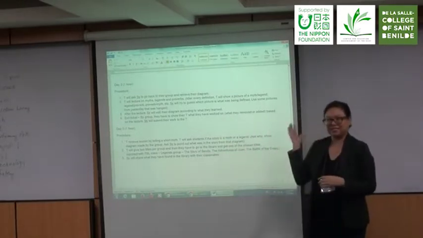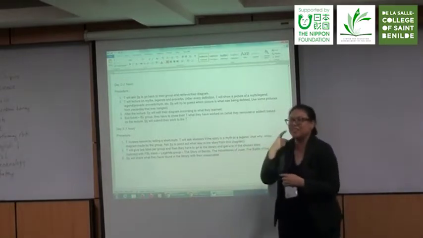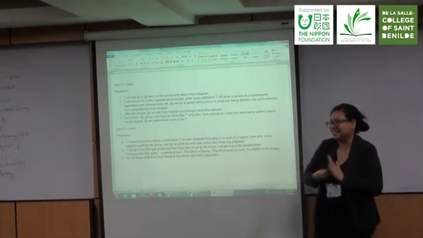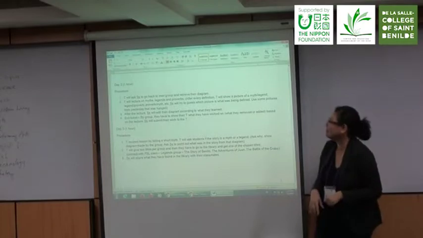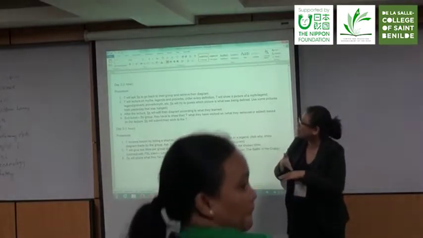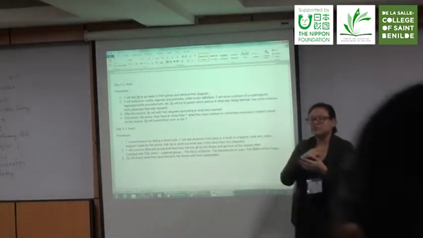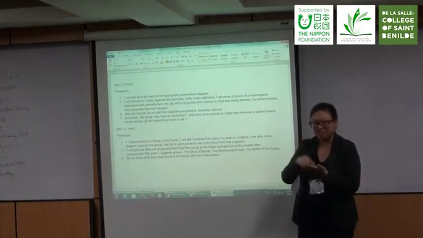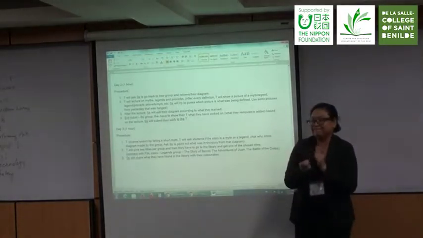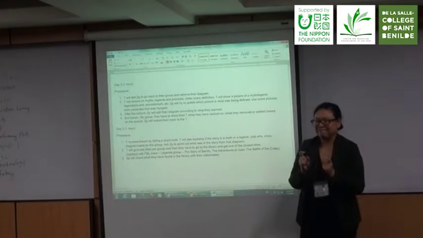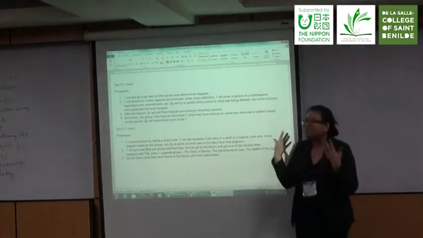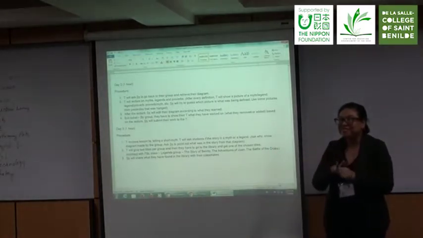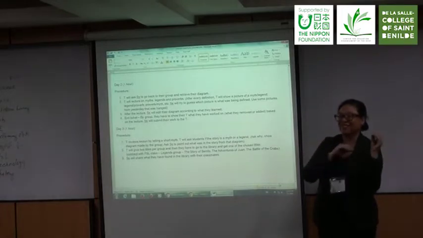Using the previous day's pictures to reinforce what they learned, and then have students display back what they learned. And that way I can assess what are the gaps that need to be filled, so that I can adjust it for the next lesson.